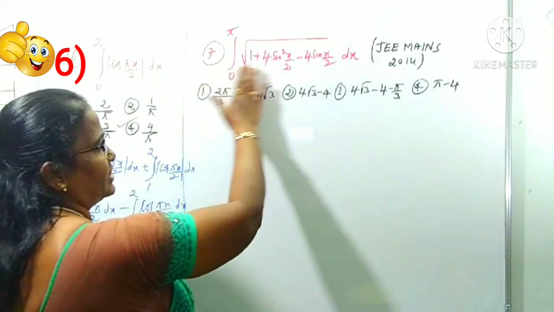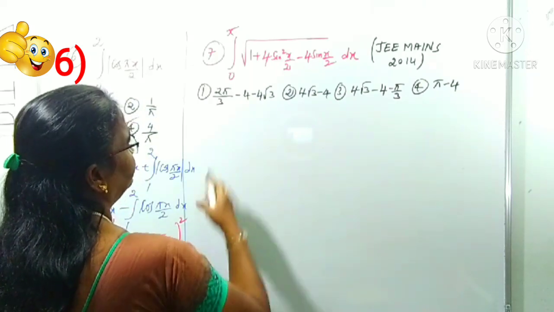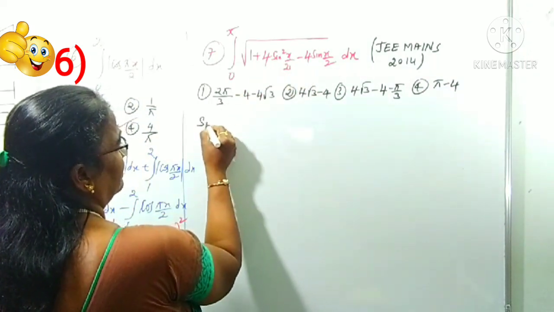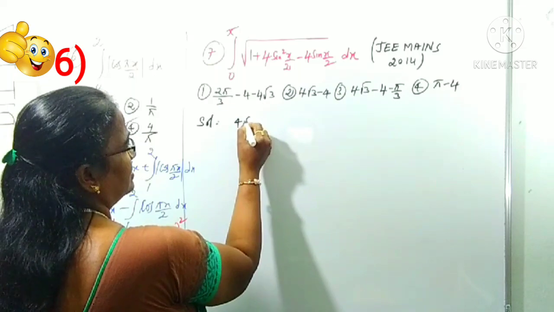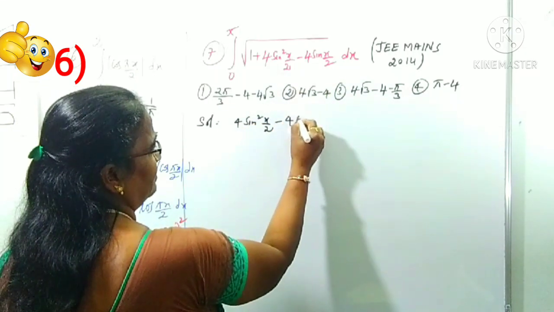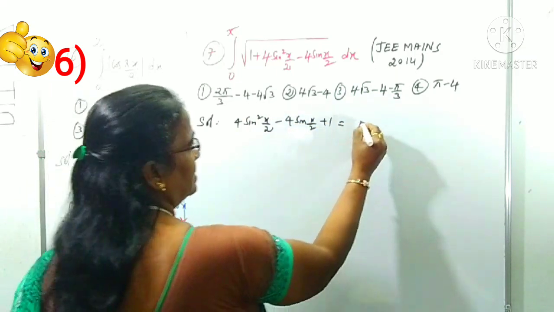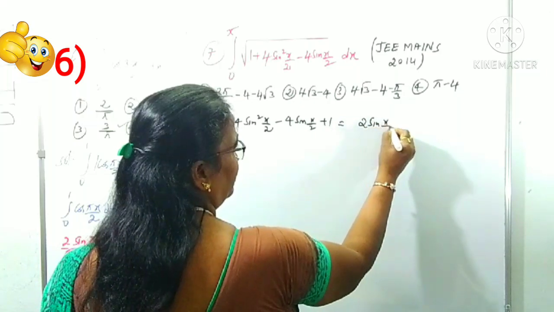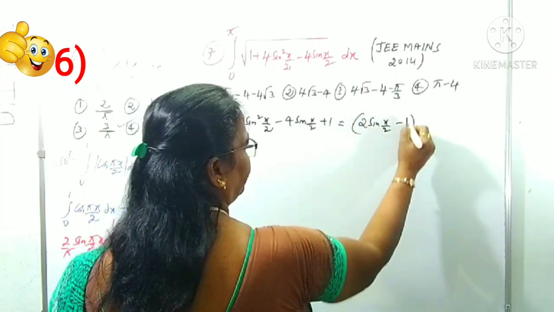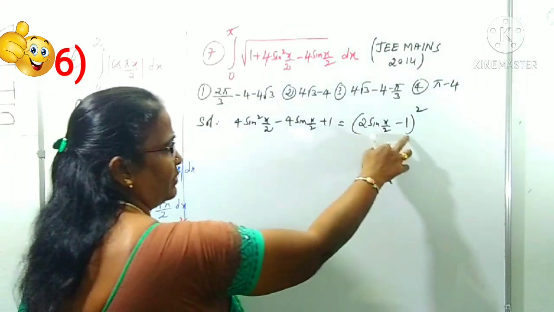To calculate the integration of this function, first we have to simplify it. Shall I simplify it like this? Inside the function I am writing 4 sin square x by 2 first, minus 4 sin x by 2 plus 1. This one shall I write as 2 sin x by 2 minus 1 whole square. You know it is clearly in the form of a minus b whole square.